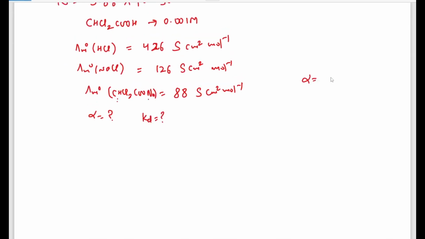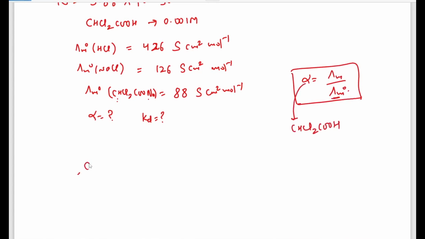We know that alpha is the ratio of lambda m and lambda m naught, the molar conductivity at any concentration and the molar conductivity at infinite dilution. And we know the reaction involved is sodium dichloroacetate plus HCl, giving dichloroacetic acid plus NaCl.